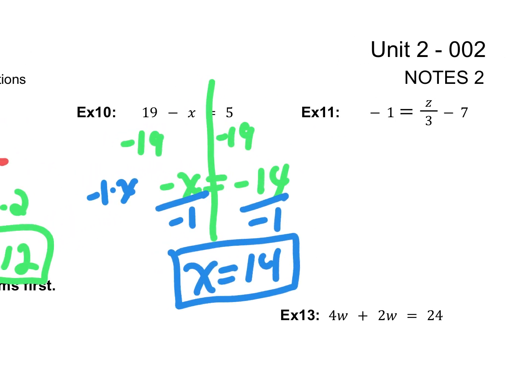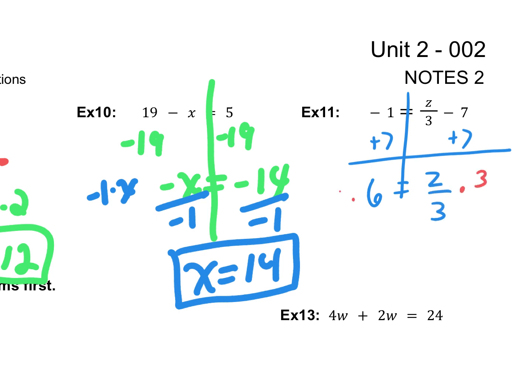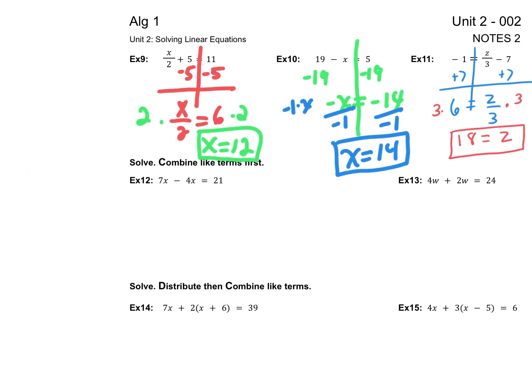Moving over here, you're going to draw a line. Going to add 7 to each side. 6 equals z over 3, times 3, times 3. 18 equals z. Just a little reminder, you need to show all your work.